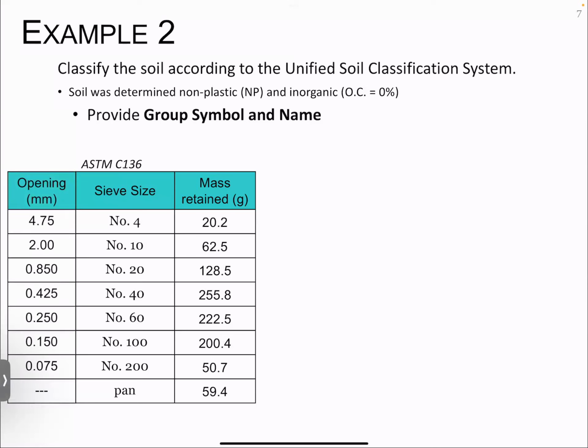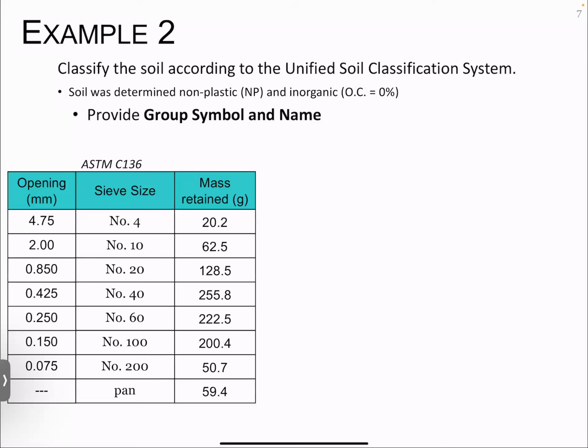So the sieve size, we have to correspond to the opening size in millimeters. Remember the number 4: the smaller the number, the larger the opening size. So number 4 is 4.75, number 200 is 0.075. And remember that the number 4 distinguishes gravel versus sand, and then the number 200 distinguishes sand versus fines.